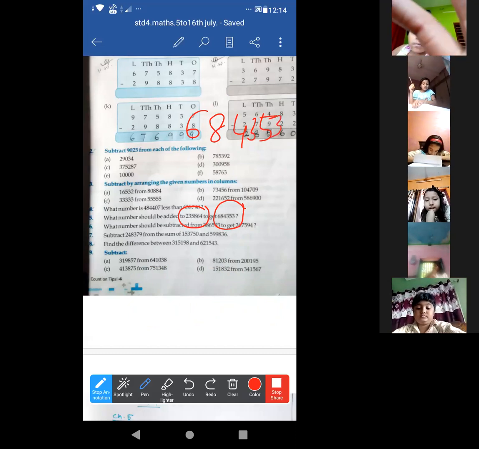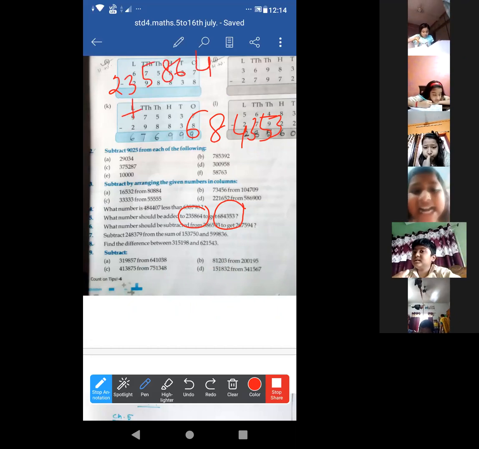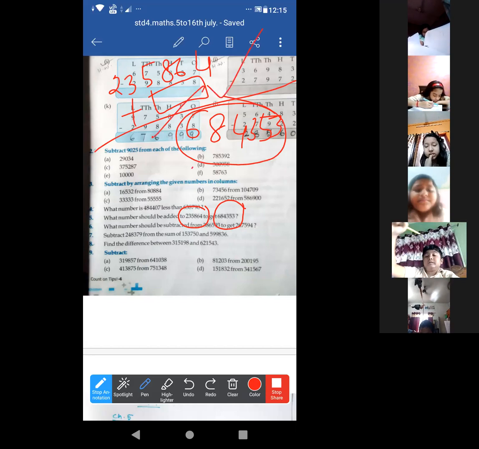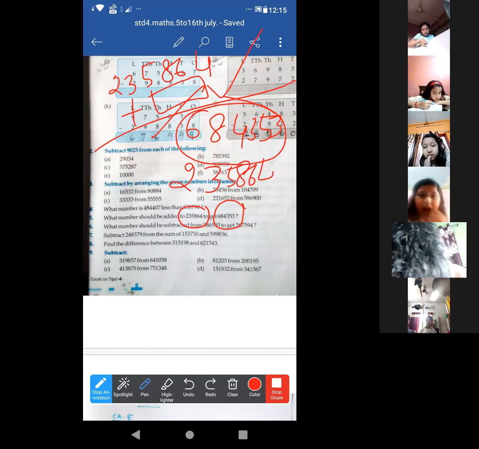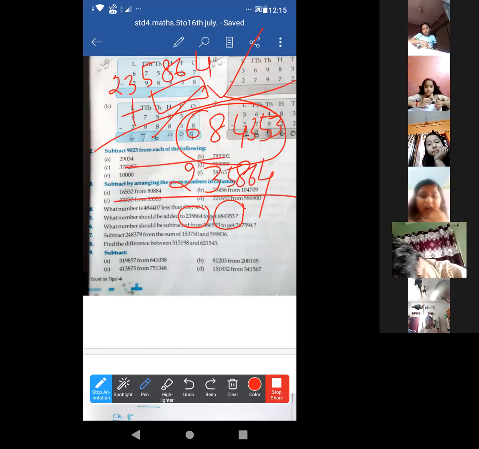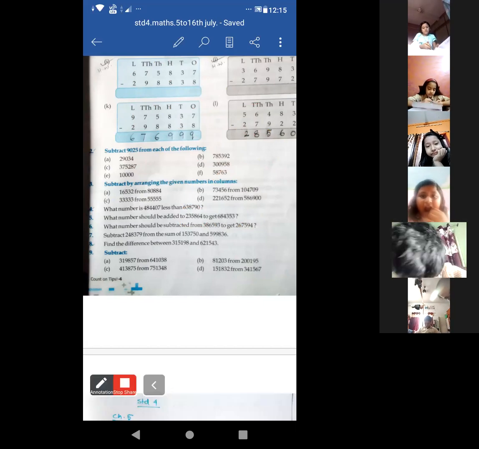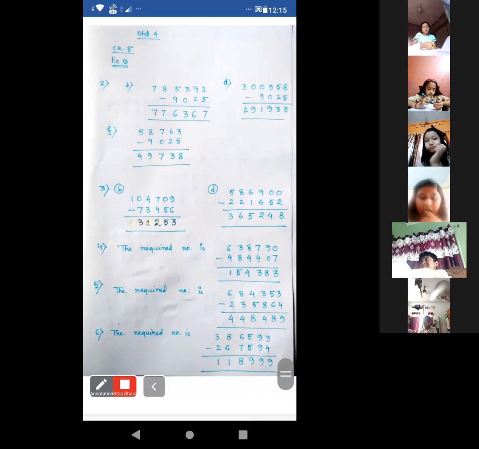Now, which number we have to add to 2,35,864? Suppose we are adding a number we don't know, and this will be the resultant value. So ultimately, how do we get this box? This resultant value minus 2,35,864. Okay, now let me show you the answer for number 4 and number 5.